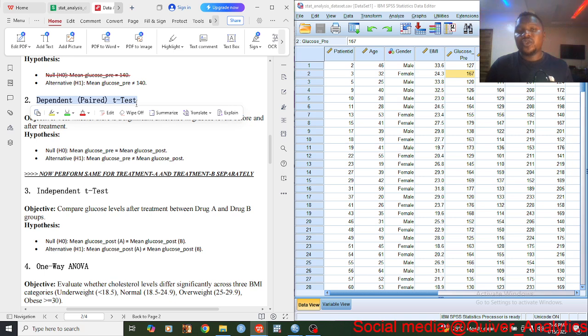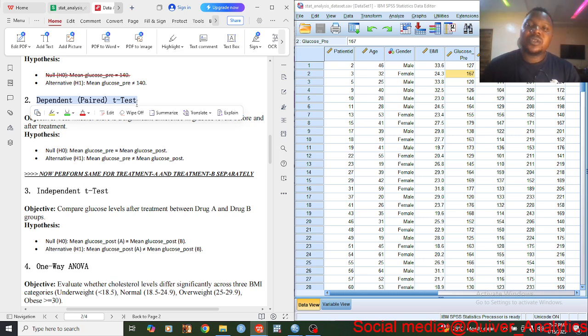You took the measurement before the intervention, then you took the measurement after the intervention. Every other factor remains constant, the environment, the temperature, except the intervention.